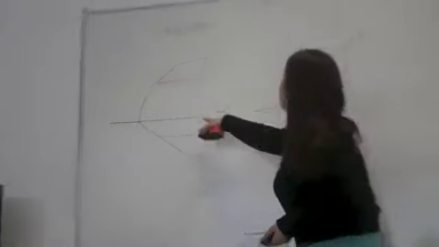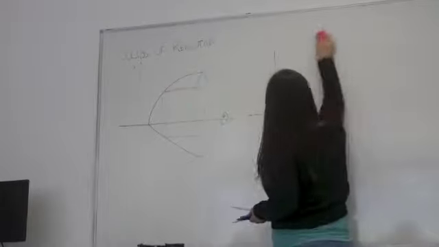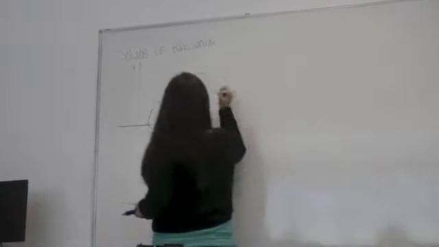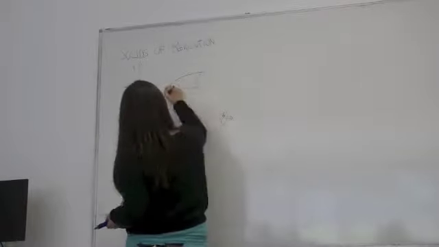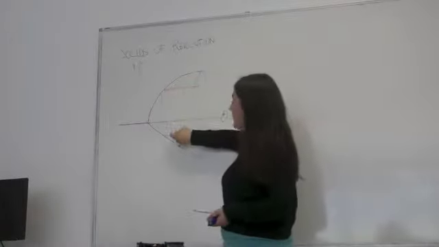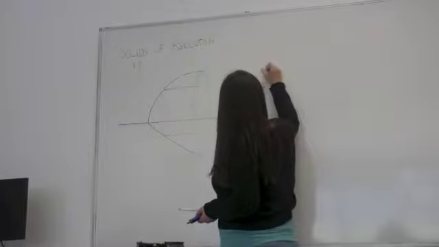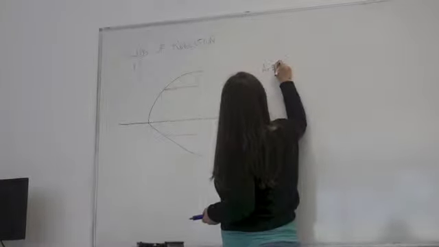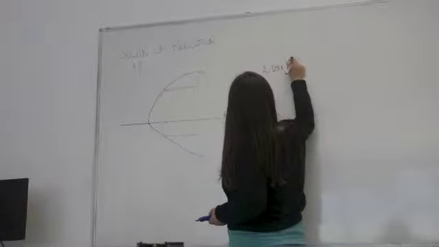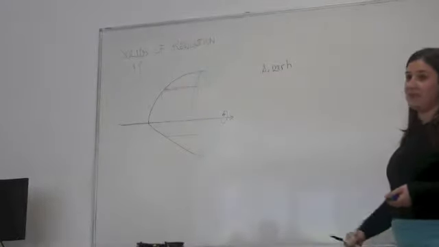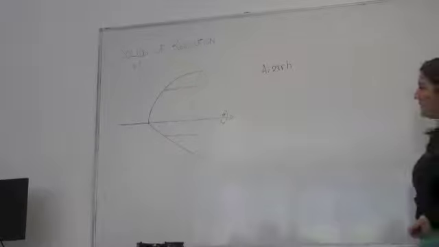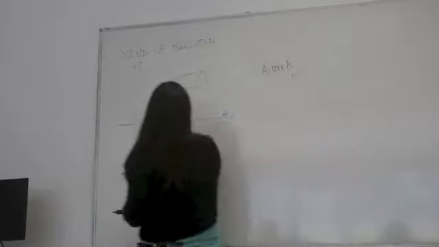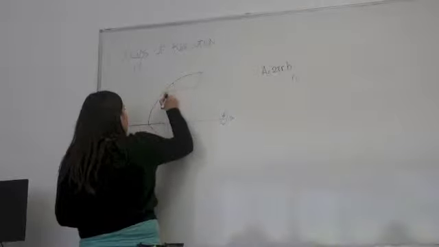So in this case, to calculate the volume of this cylinder, the formula of the area is 2 pi r, the radius, times the height of the cylinder. The radius, we know that is this.